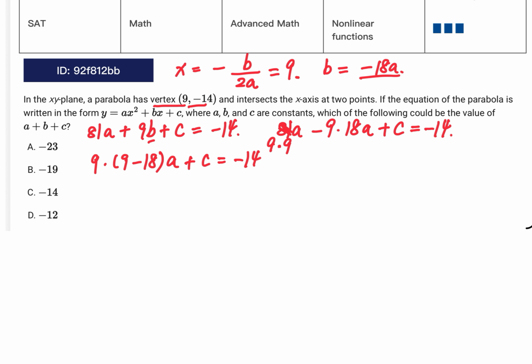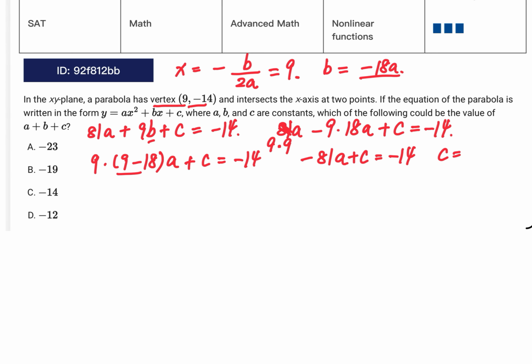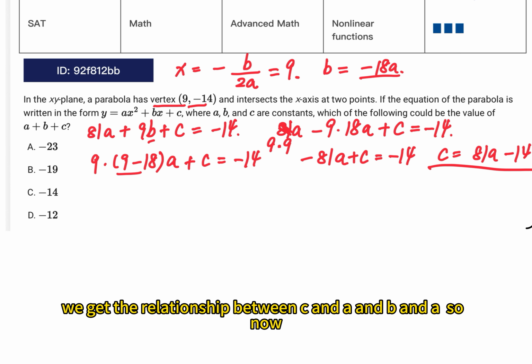So that is 9 minus 18, negative 9. So -81a + c = -14. So c = 81a - 14. So we get the relationship between c and a, and b and a.